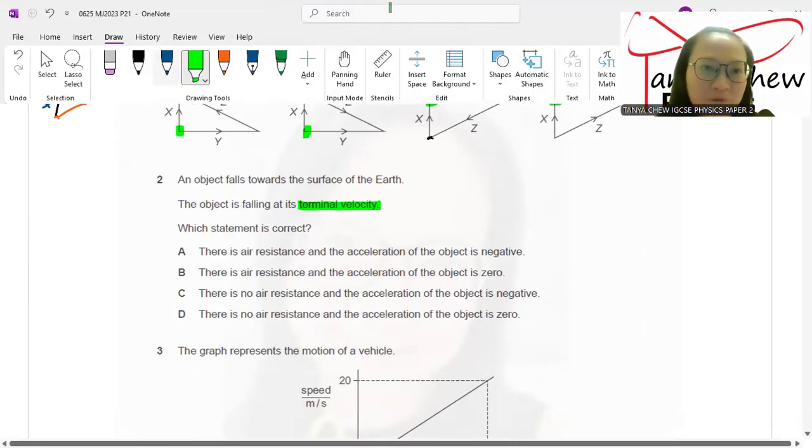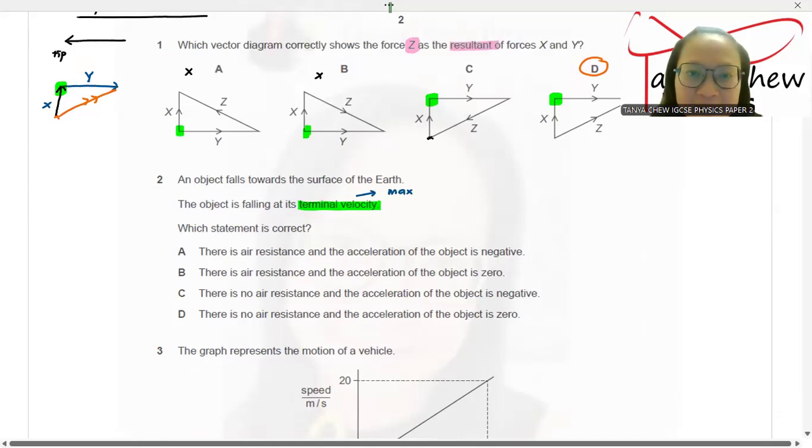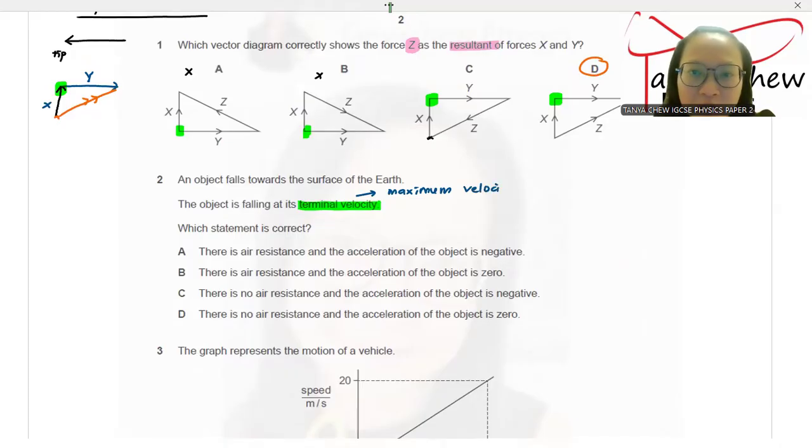What is terminal velocity? Terminal velocity means the maximum velocity of an object when air resistance balances the weight of the object. When you see the words terminal velocity, that means air resistance is present.